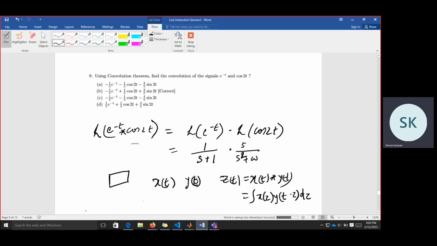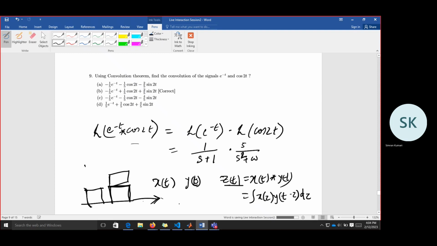Basically, you have gone through that slide which sir has taken, that there is one square wave and another square wave, the same. Now you have to find z(t). So this will move from minus infinity to infinity.